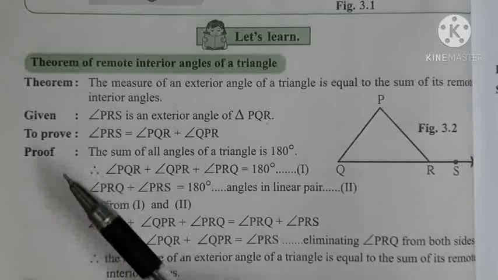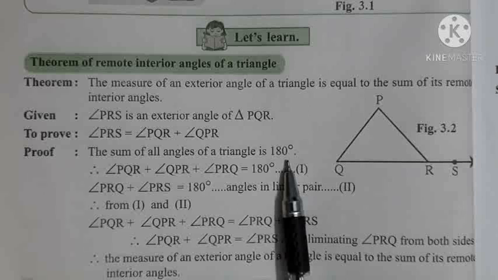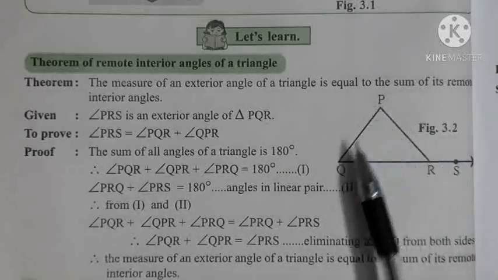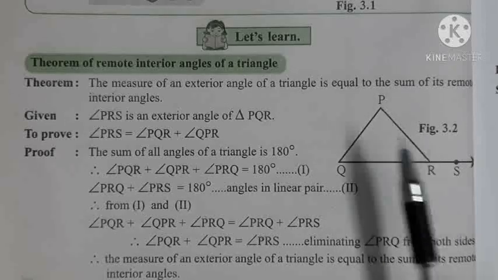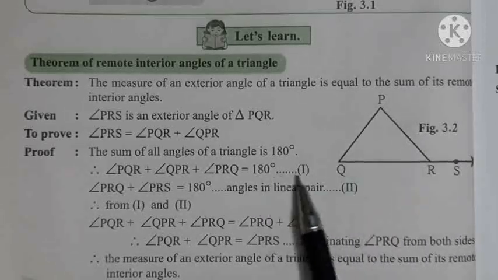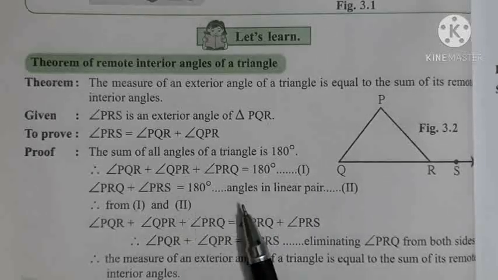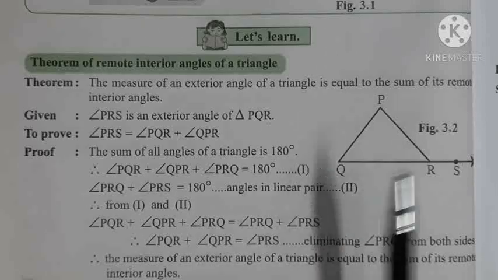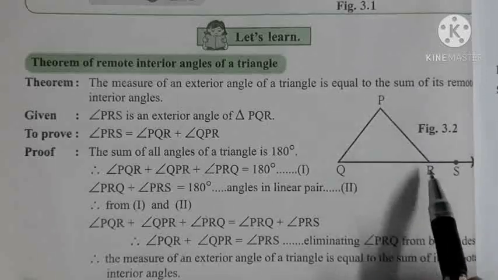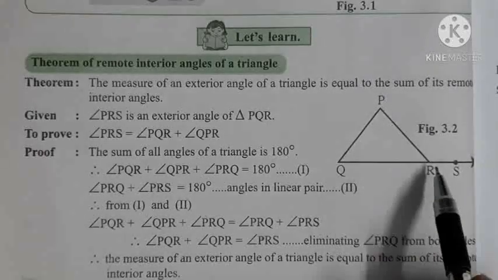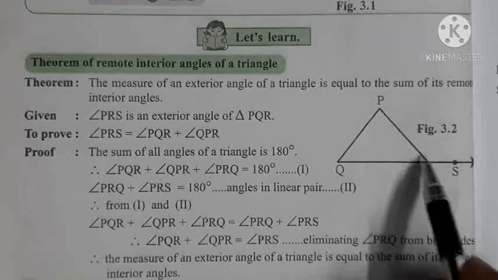Now the proof. First use the property that the sum of all angles of a triangle is 180 degrees. Therefore angle PQR plus angle QPR plus angle PRQ is equal to 180 degrees. This is equation first. Now use the angles in a linear pair property. Angle PRS and angle PRQ form angles in a linear pair.